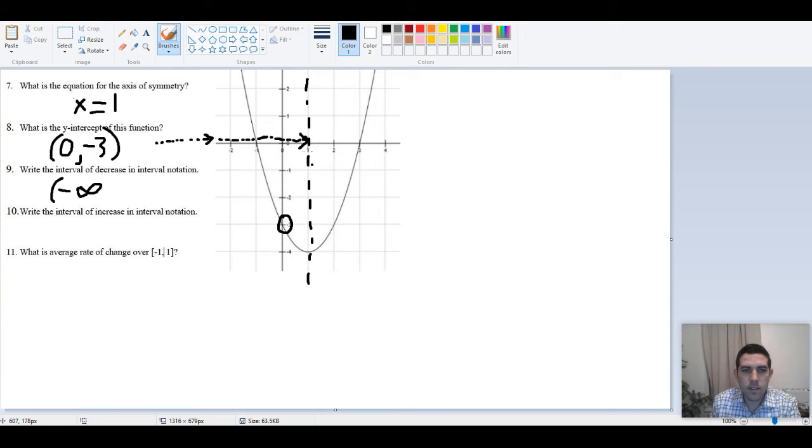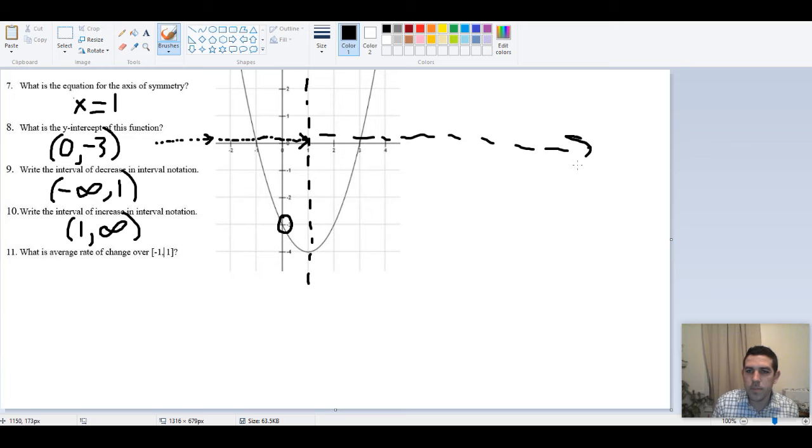See how it goes down, and now it is no longer decreasing, so we'll say the interval of decrease is from negative infinity to 1. And then the interval of increase will be from that point on, from 1 until infinity. So from 1 on to forever.